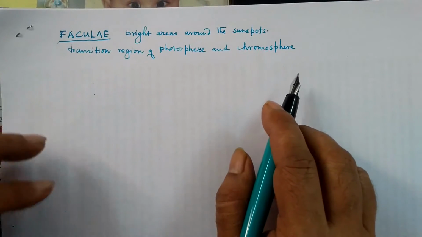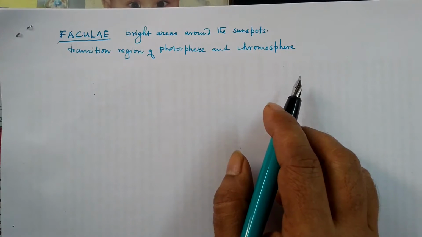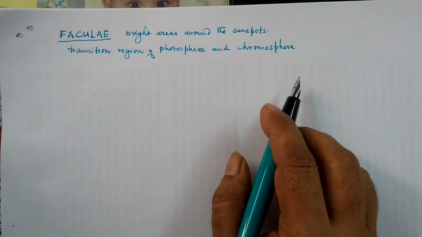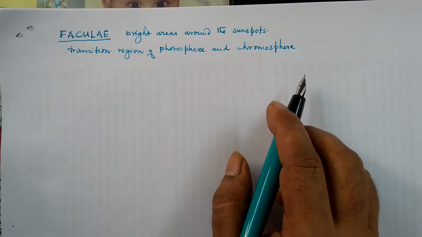And we already said that these transition regions, these layers within a star, are not very fixed. There are transition regions that are about 200-300 kilometers thick, and for bigger stars it's even bigger, and for different kinds of stars the layers are different.